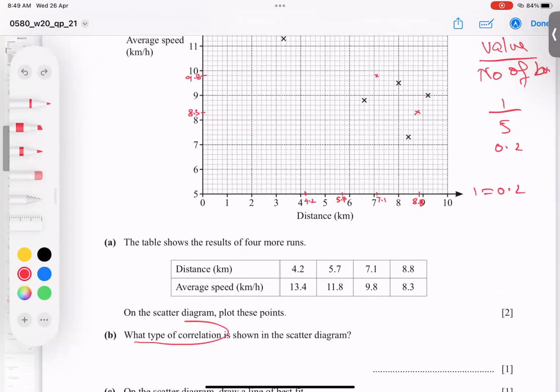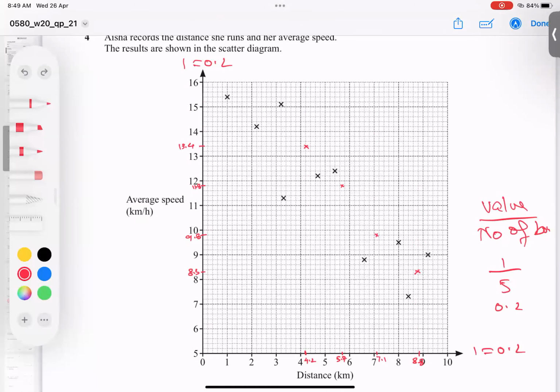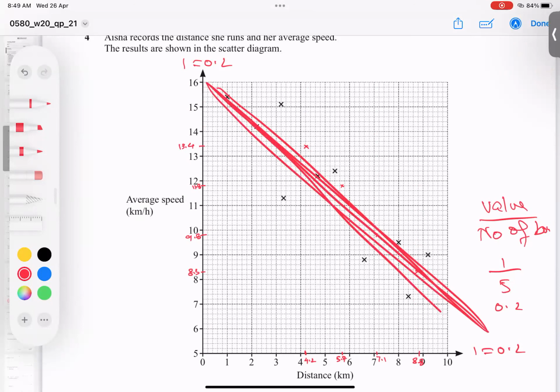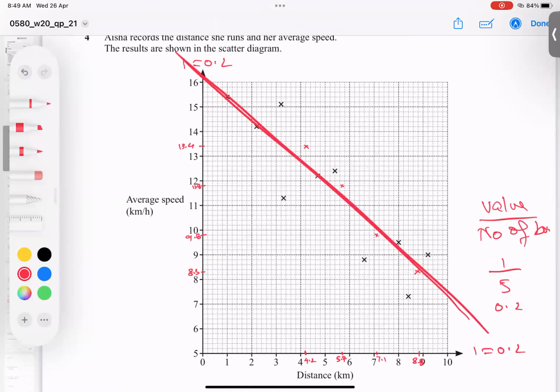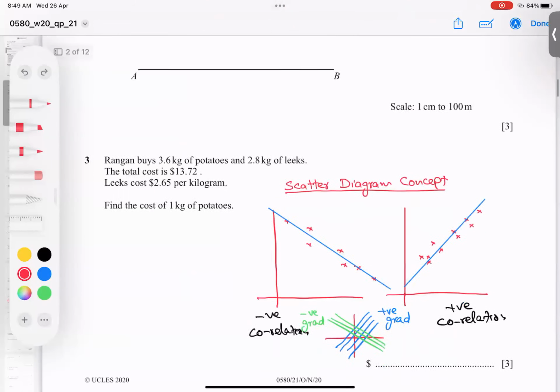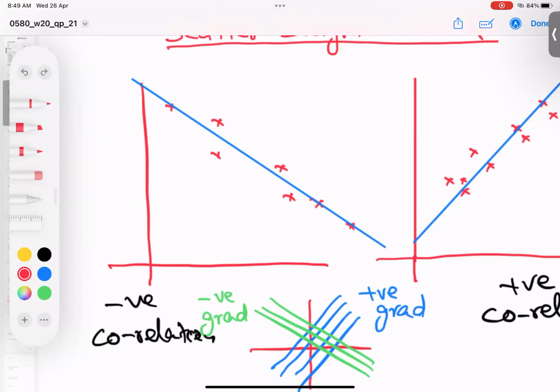Now, what kind of correlation is this? Before I start, I would have to draw the best fit line, but I can even tell directly. Look, data is scattered like that. Sorry, data is like that. And all of you know, I just discussed with you that if data is like this, it is called negative correlation.